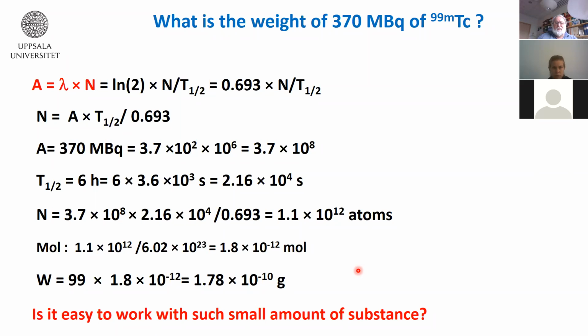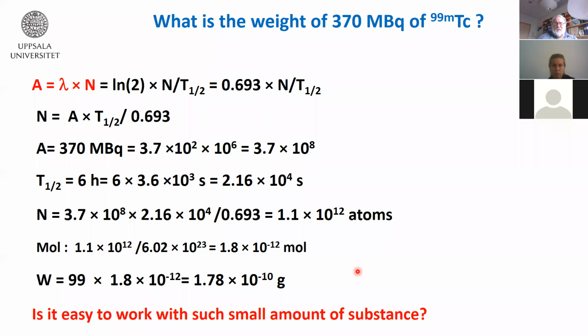or roughly 20 nanograms. Is it easy to handle this amount? I can tell you, no. So what does this mean? It's an extremely low amount, extremely low concentration. Even if you use the purest solvents or buffers, any impurity would be in huge excess in comparison with your radionuclide, which can modify its behavior.